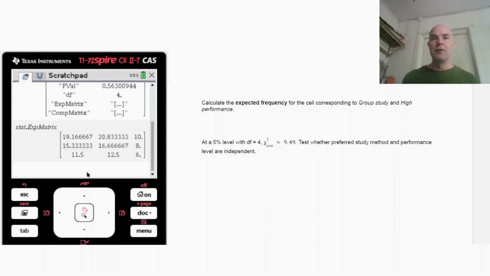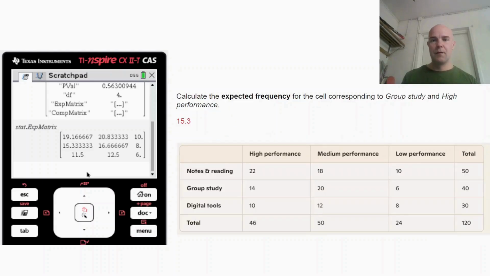find from your calculator. And now you can see here, we were looking for high performance and group study. So what would be the expected frequency for that? And like I said, from our calculator, we can see it's 15.3. So now let's see how that is being calculated by hand, because that would give you a method mark.